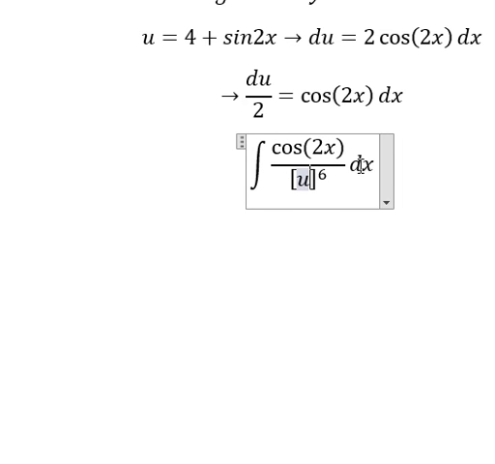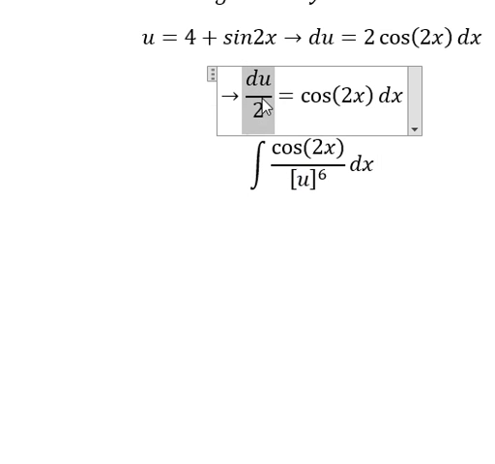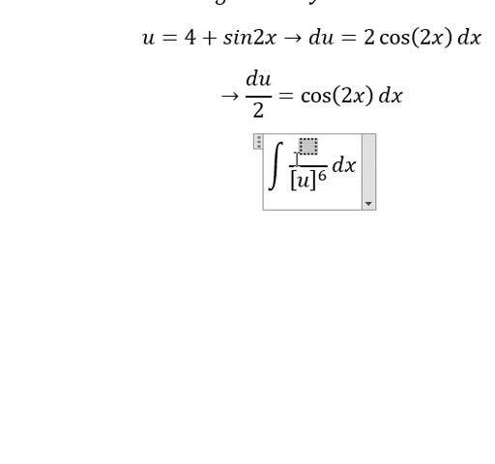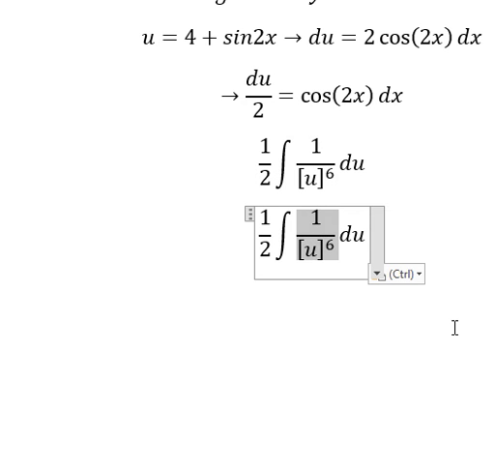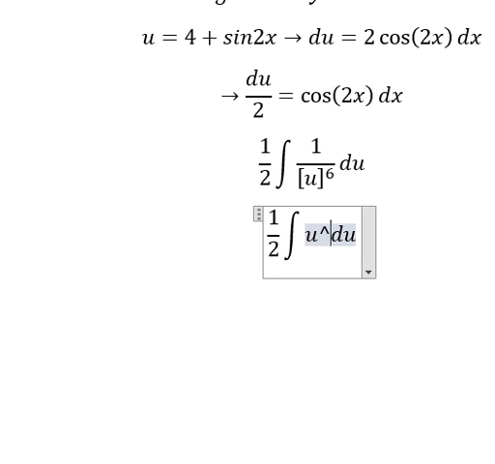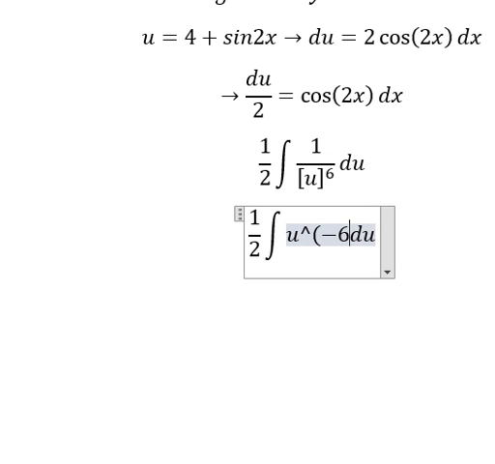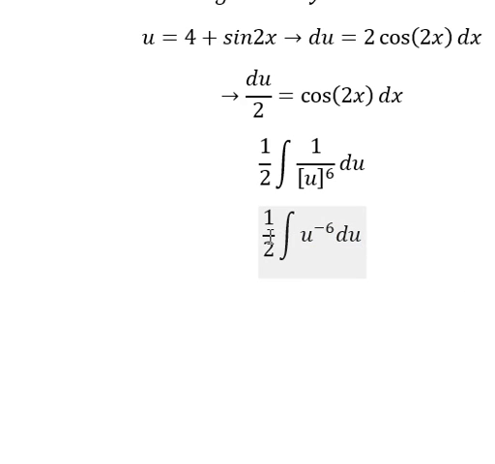Cosine 2s ds we change for this one. So this one, we can put u to the power of negative number 6. And now we have the final answer.